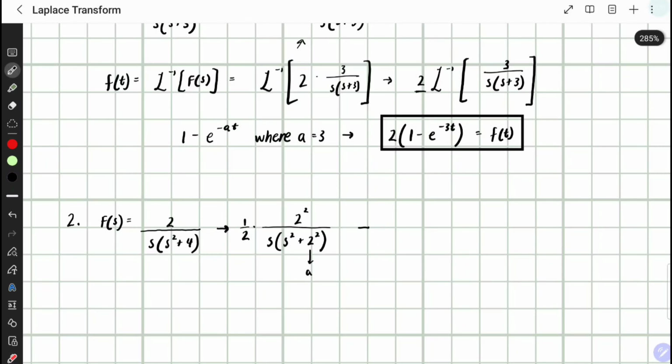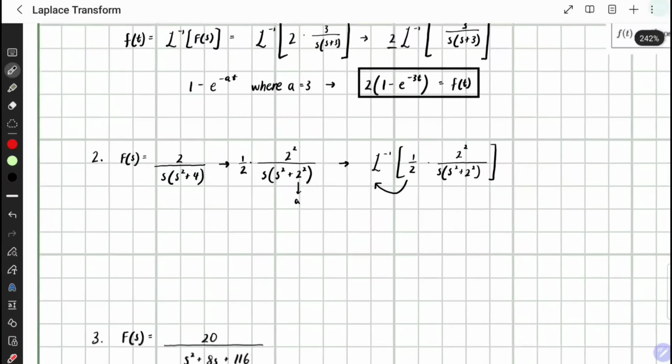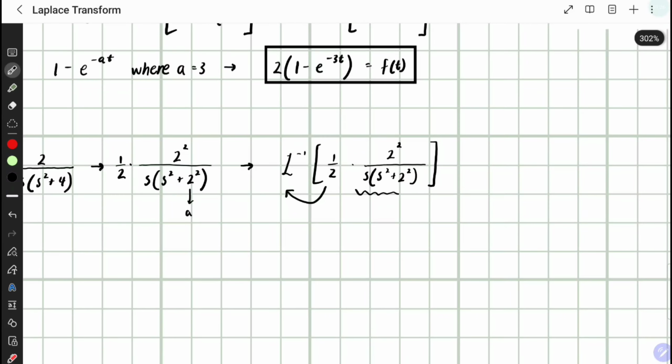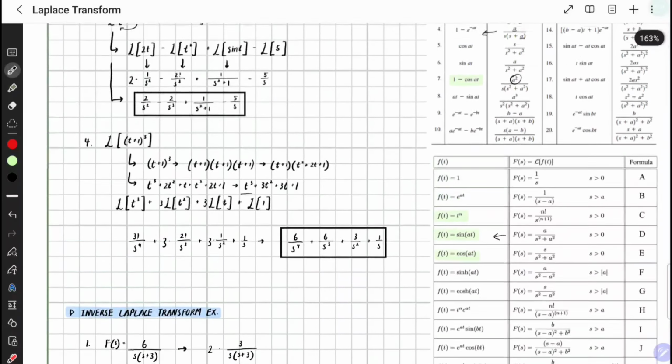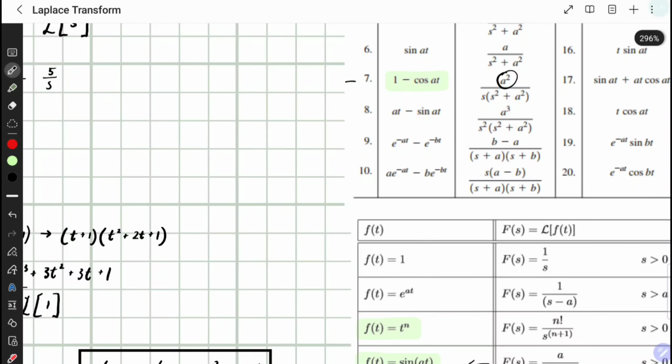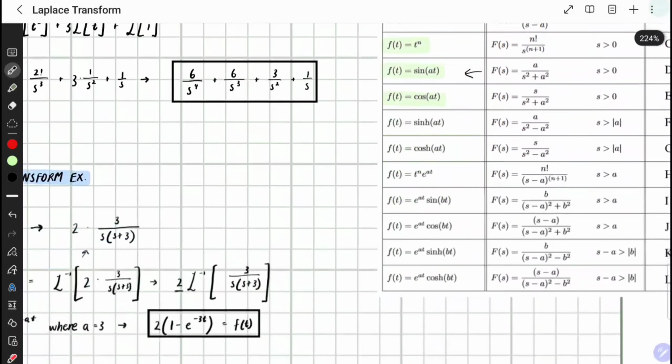So now we can just apply the inverse Laplace of 1/2 times 2 squared over s squared plus 2 squared. Bringing this factor out, and this form here matches exactly number 7, where the inverse is 1 minus cosine at, and a we concluded that it was 2.